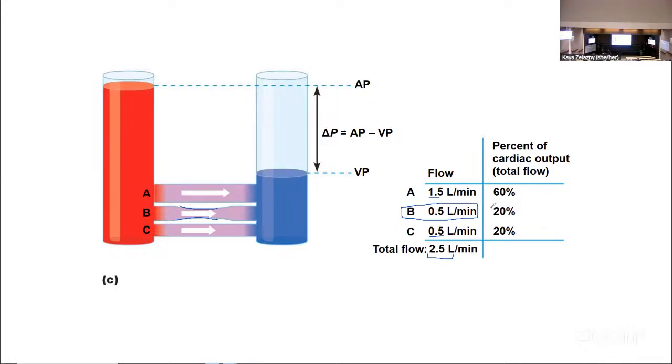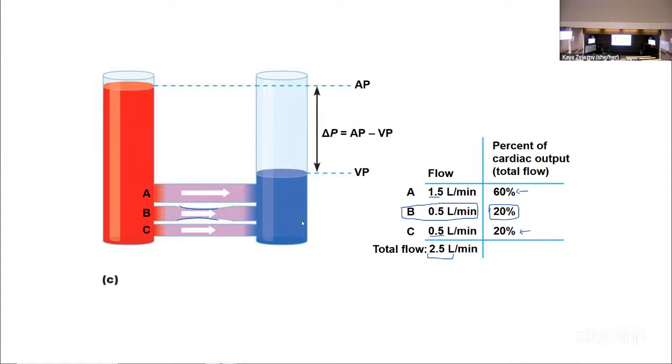So our percentage of blood flow going to B drops down, right? But our percentages still have to add up to 100% of our cardiac output, right? Because that's just how much flow we have. So now A is getting a little more percentage-wise of that blood flow. C is also getting a little more percentage-wise than it was before.